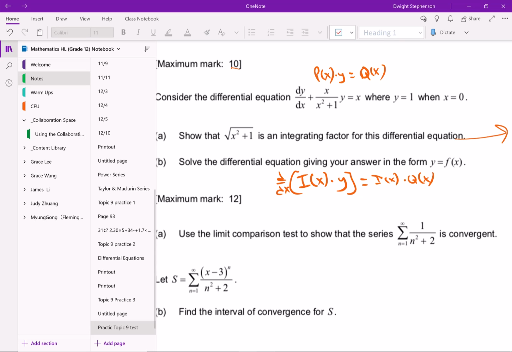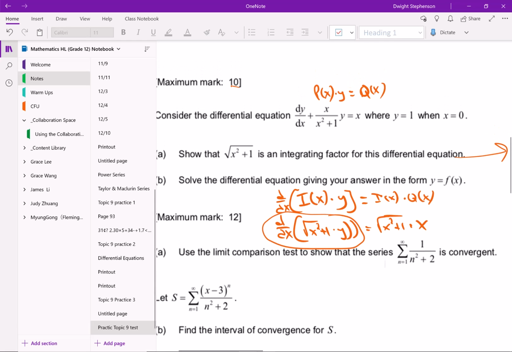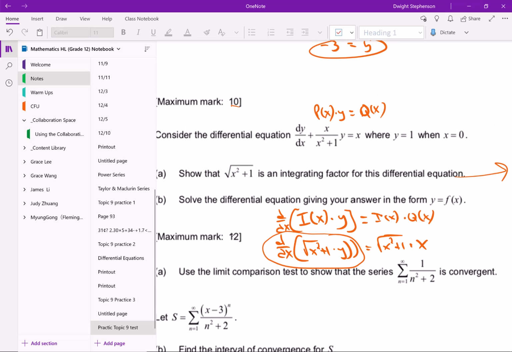And so we can actually check that here. The derivative of square root of x squared plus 1 times y is going to equal square root of x squared plus 1 times x. So what I want you to check is, if I actually take the derivative of this, then I should get this right here, and you can verify that this is true, right?